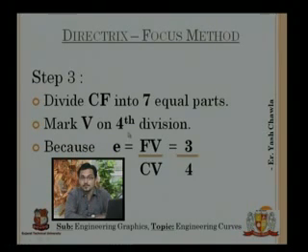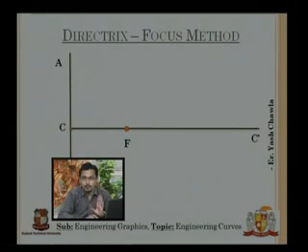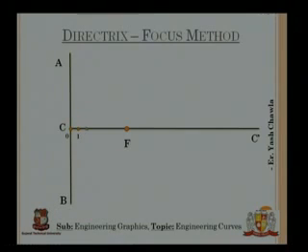So on the fourth division, I'll mark V. Let's mark it first, and then I'll tell you why this V is being marked on the fourth division. Okay, so I'm going to divide it into 7 equal parts: 0, 1, 2, 3, 4, 5, 6, and finally 7. Now I marked V on the fourth part, as I said.